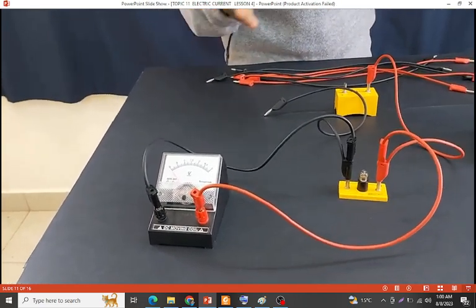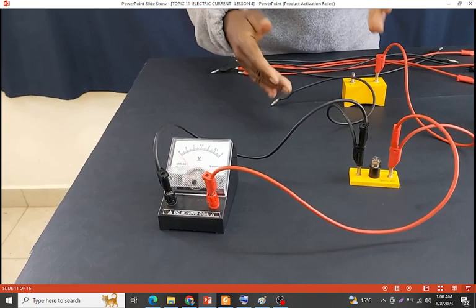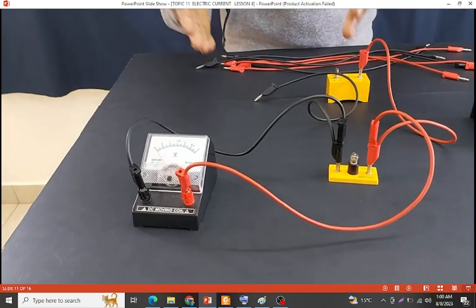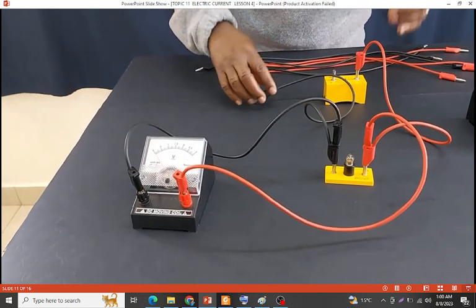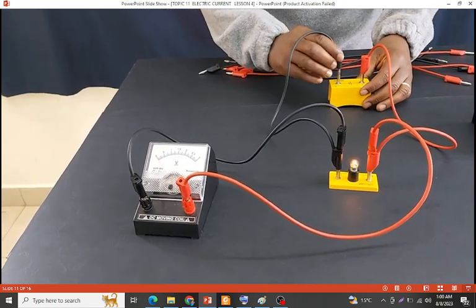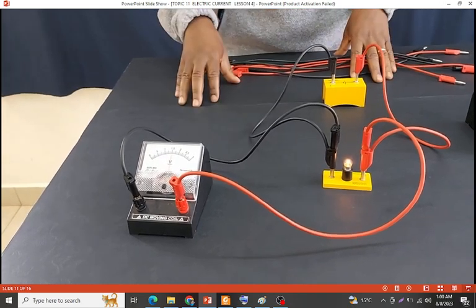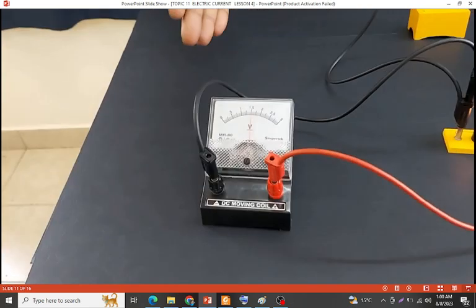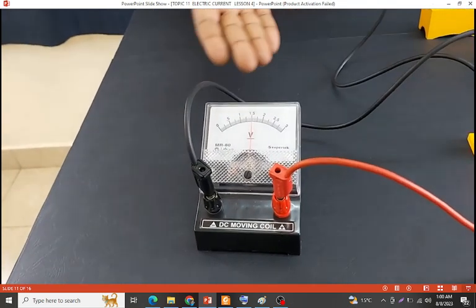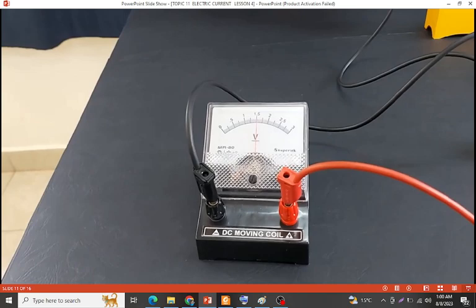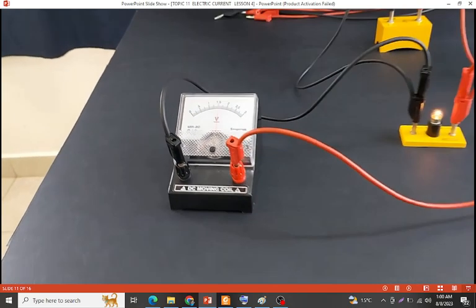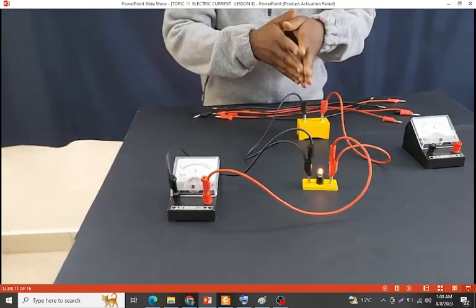When you complete your circuit by switching on, the voltmeter will deflect and give you the reading, in this case about 1.5 volts, and that tells you the voltage across the bulb is about 1.5 volts.